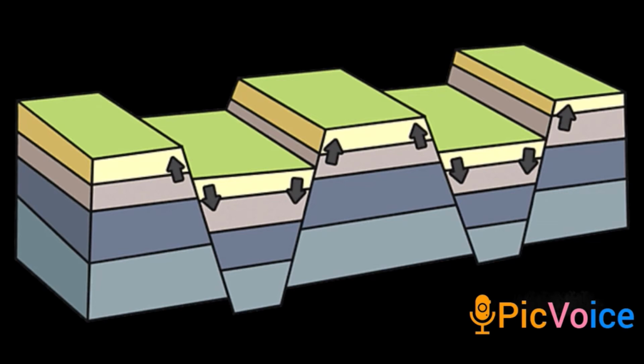This forms the block mountains. When the land is raised, those blocks are called horst, and when the land goes down, those are called graben. So for example, Vosges in France, Black Forest in Germany and Sierra Nevada in North America. These are all the examples for block mountains.